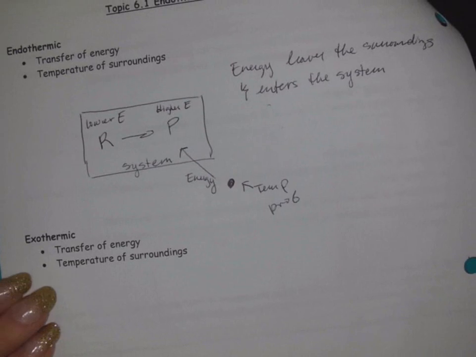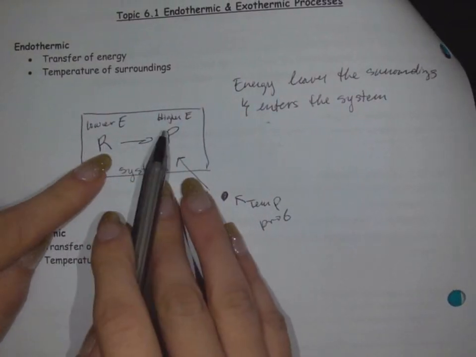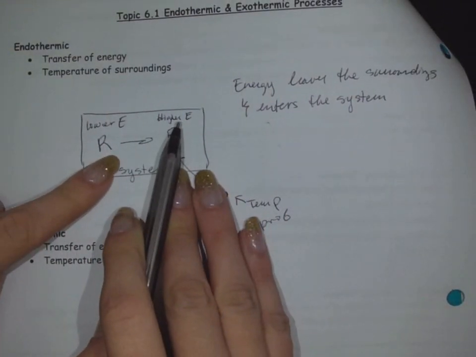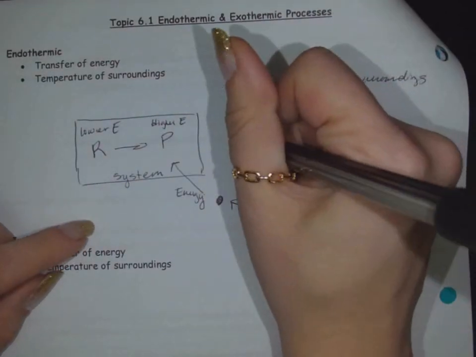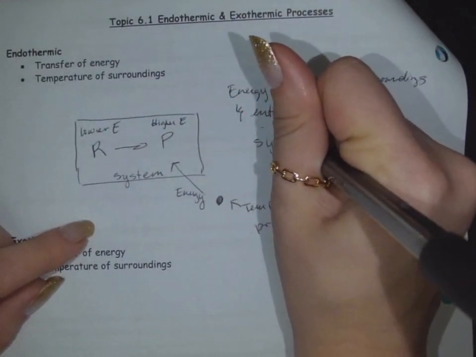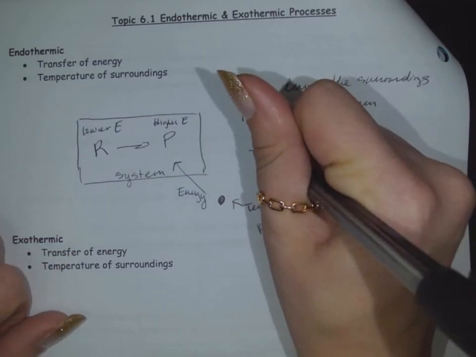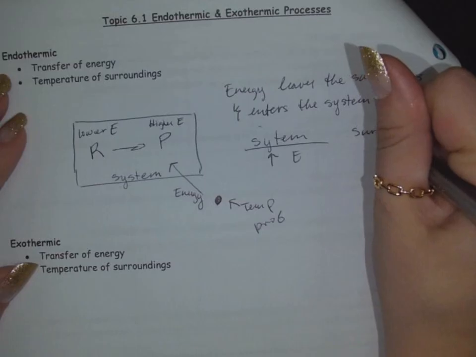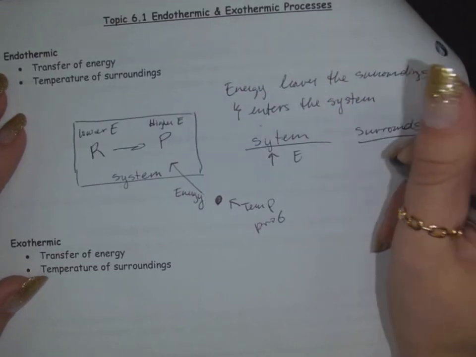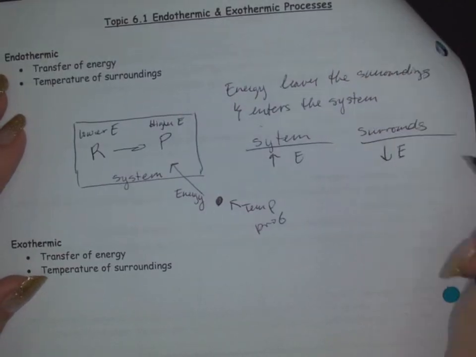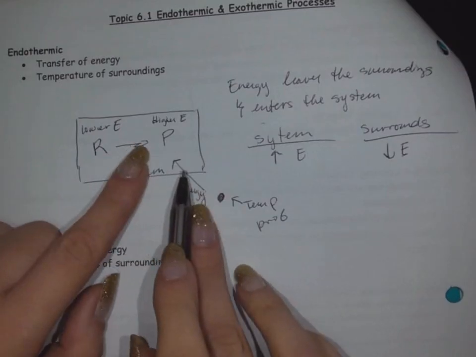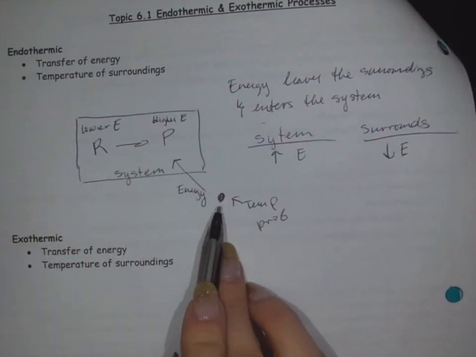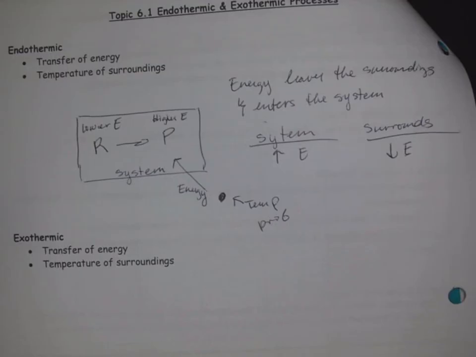And notice that the system is increasing in energy, but what does that mean for the surroundings? Okay, so if the system increases in energy, that means that the surroundings, they're going to decrease in energy. So if energy is leaving the surroundings, it's decreasing, and the temperature probe is part of those surroundings, what we would read is a lowering of temperature.